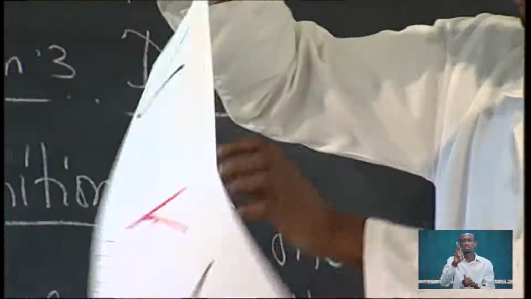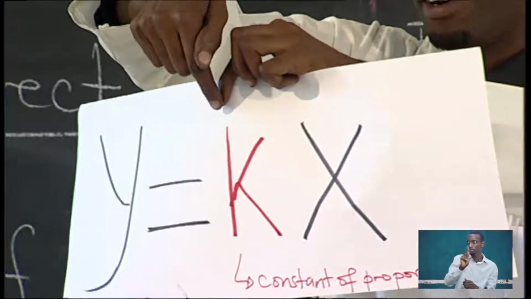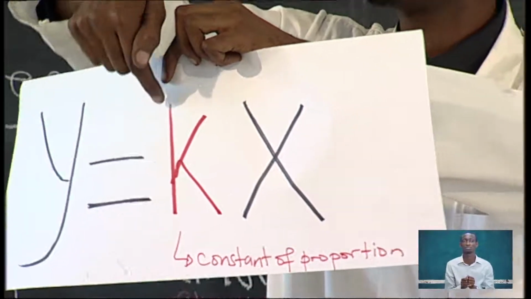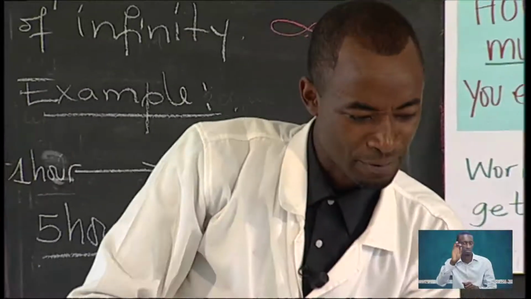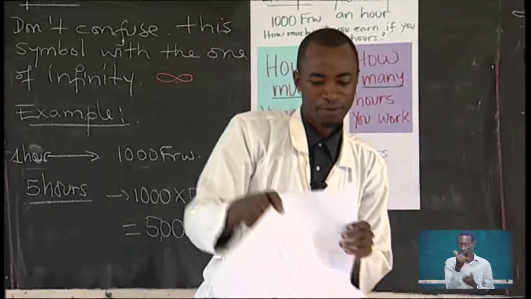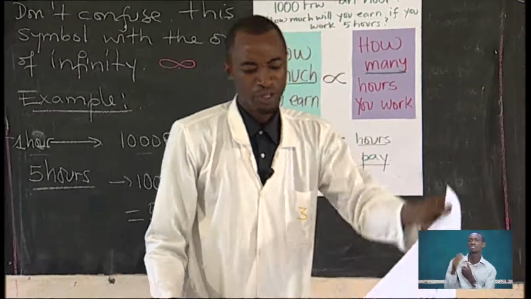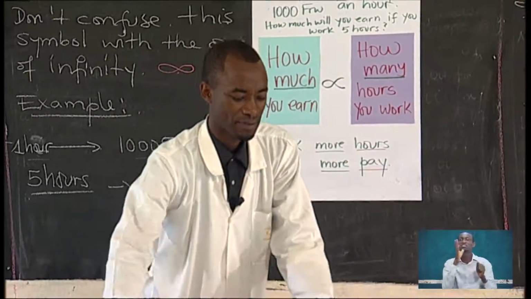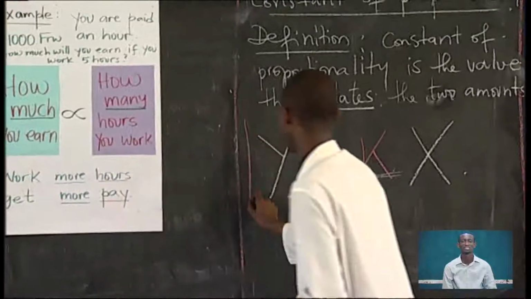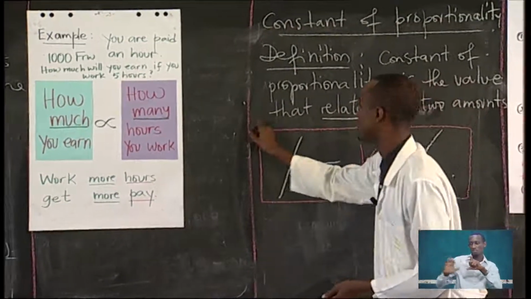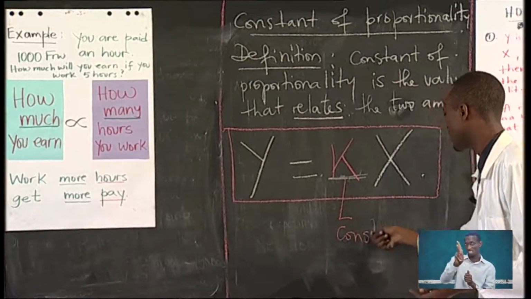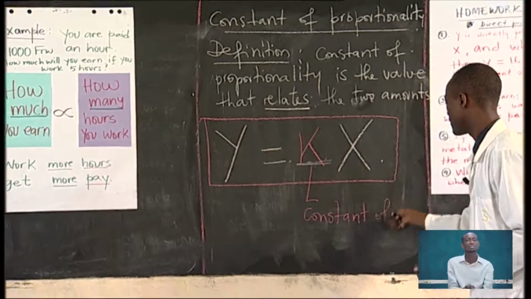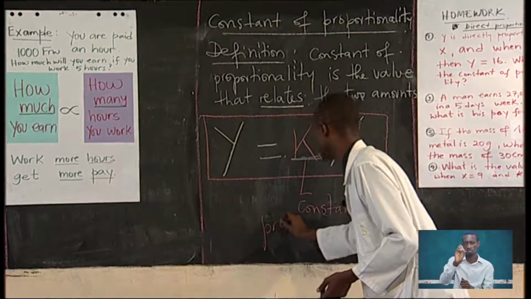This k we have over here, it's called the constant of proportionality. Okay? Now, from there, we can learn the next examples. We call this one the formula of the constant of proportionality.